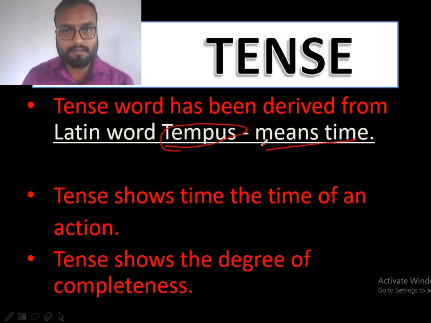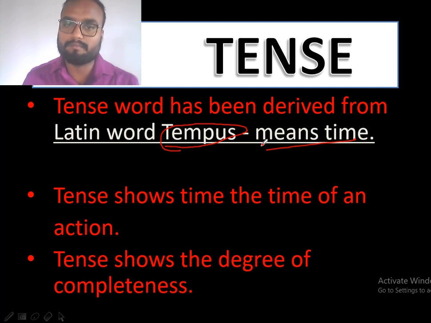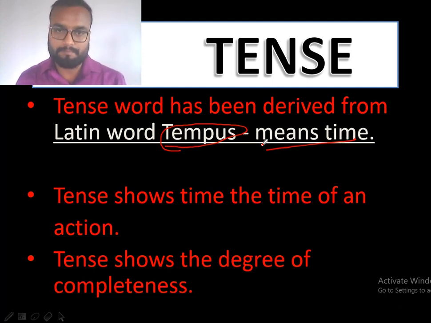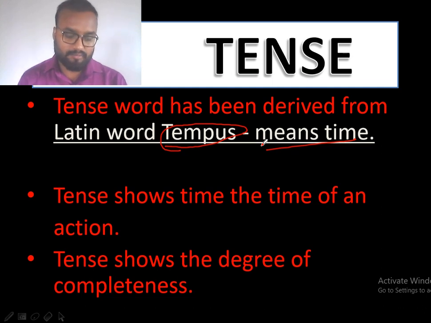And it functions with the help of inflectional verb. What is inflectional verb? The verb which changes its form. That is inflectional verb. And along with verb, it collaborates with time, and then it forms tense.